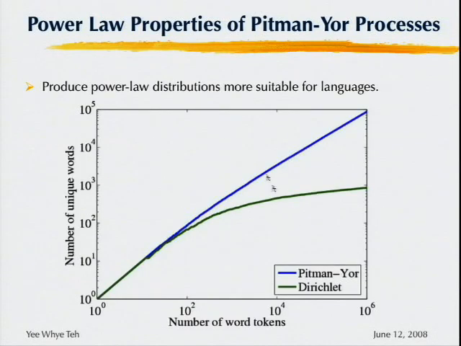So just to show you some graphs, here I've plotted the number of unique words we see as a function of the number of word tokens. For the Dirichlet process, this kind of tapers off after a while, but for the Pitman-Yor process, it increases a lot faster than the Dirichlet process. I can't remember this.